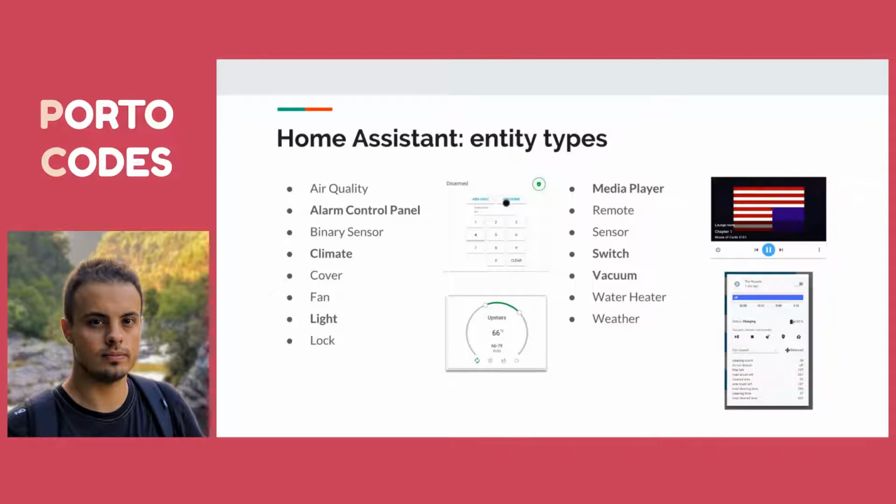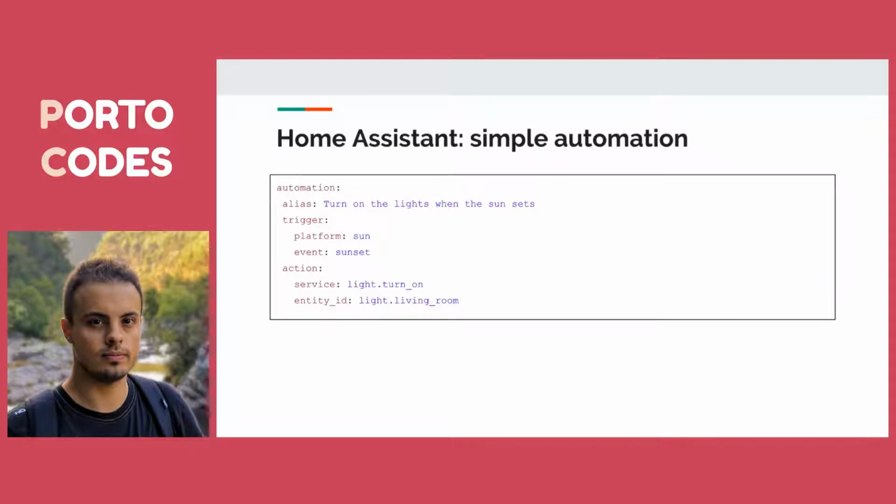And the vacuum component, which is a bit recent, allows you to control robot vacuums like the Roombas or the Xiaomi ones. With the Xiaomi ones, you can even tell the vacuum to vacuum the kitchen or vacuum the bathroom. You can specify some rooms.